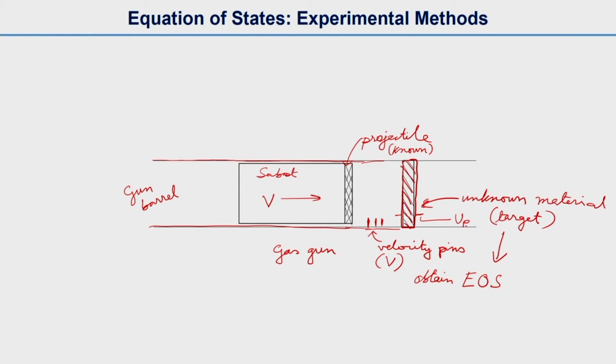And this gun system is more convenient than the earlier one. It has much greater control over the impact velocity v, and it also ensures planar contact.